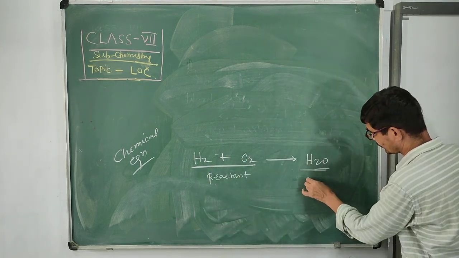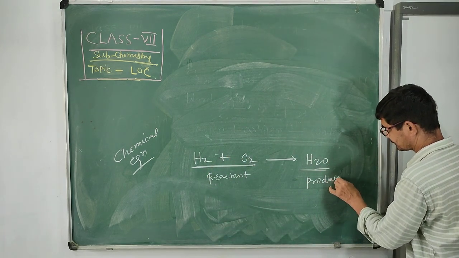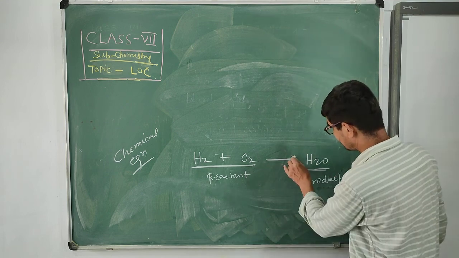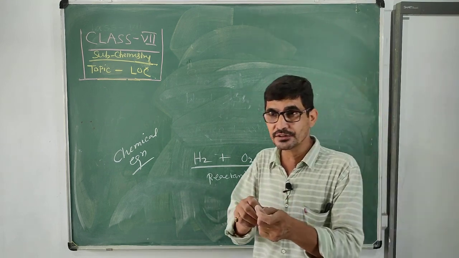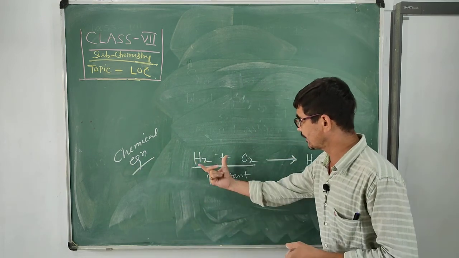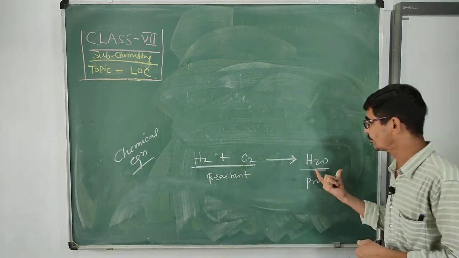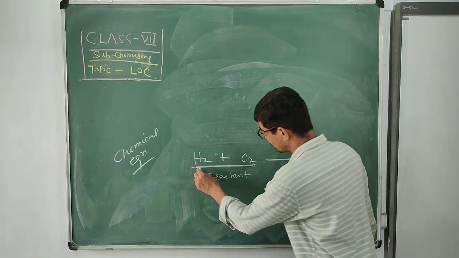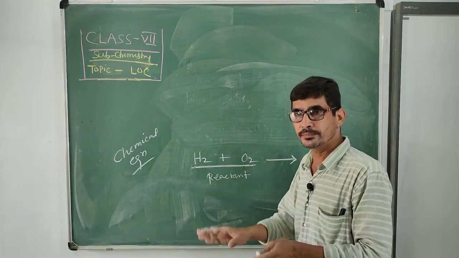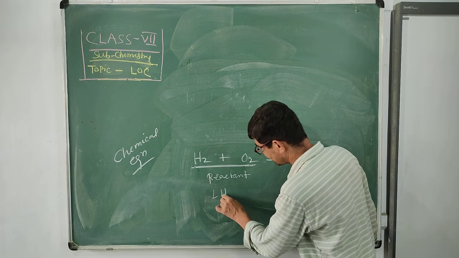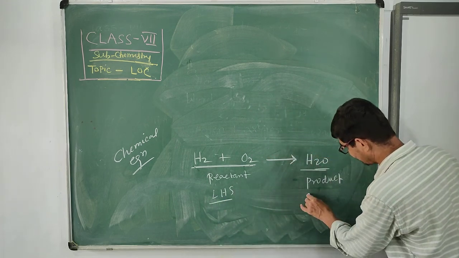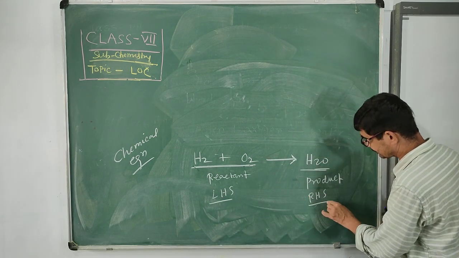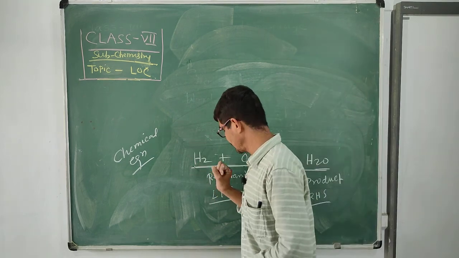Now this part is called product. And the arrow mark indicates in which direction the reaction is going on. It means hydrogen combines with oxygen to form water. So this is the direction for the formation of compound. Reactant is always present on the left hand side, while product is present on the right hand side.